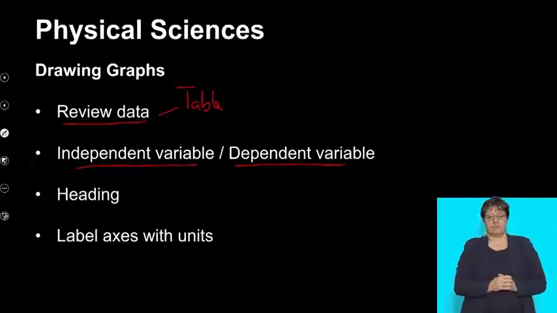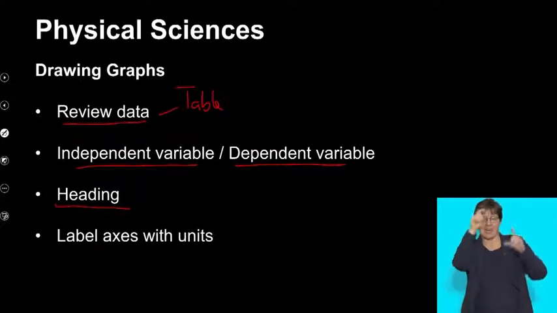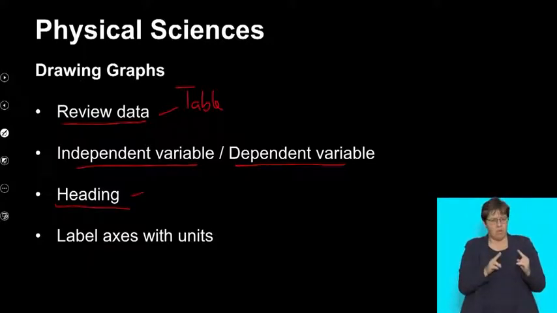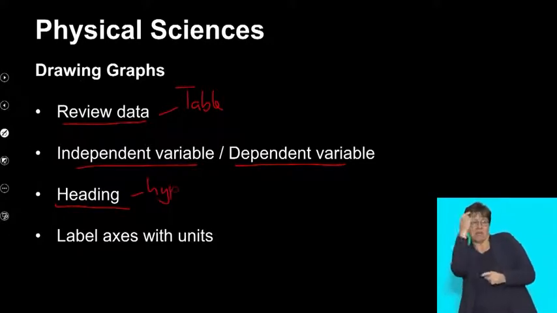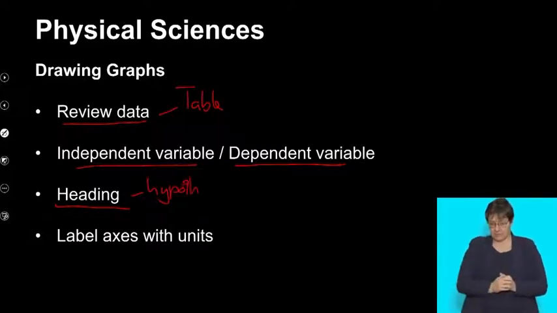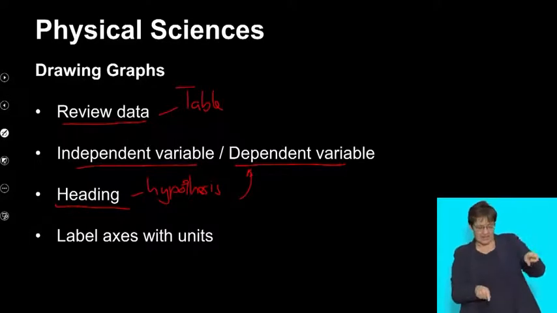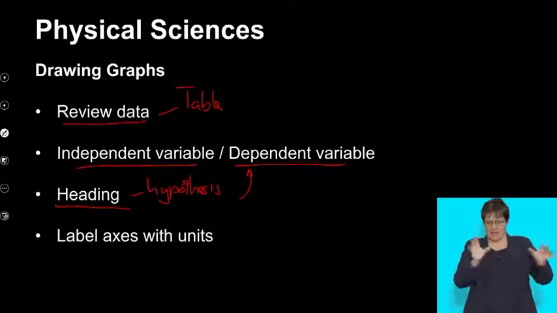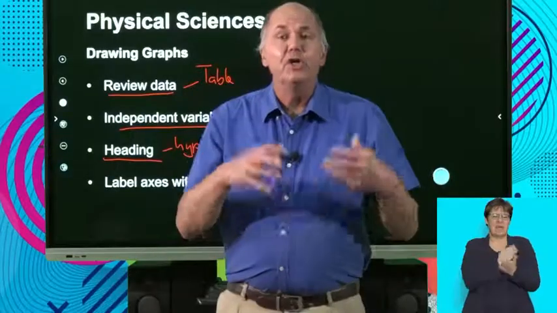Now, when you are looking at the data, you have to decide what the heading is. The heading is usually related to your hypothesis, and it will relate your variables to each other and describe them in detail. Now, some people are quite static and they don't give much detail.